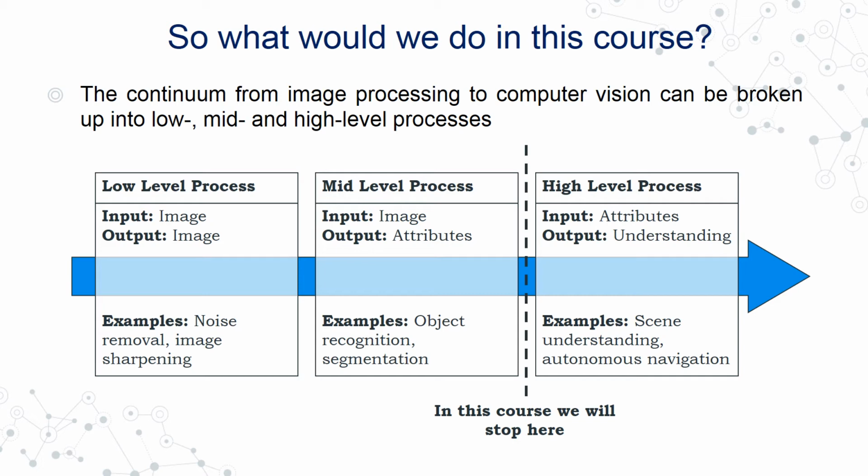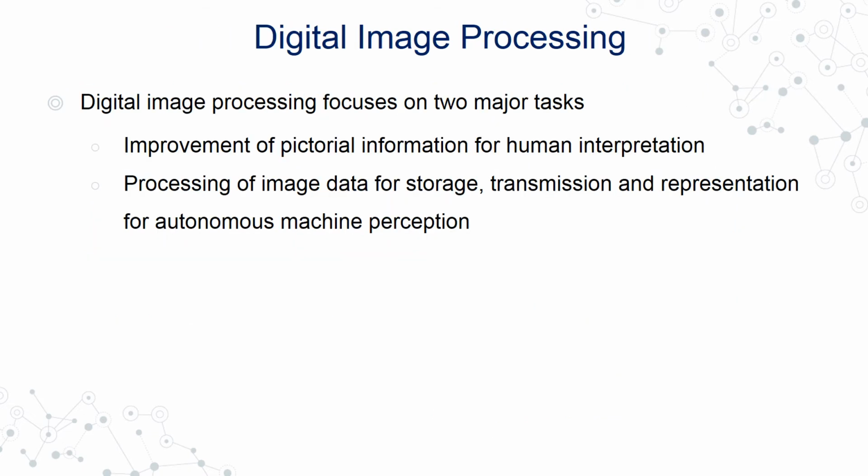For mid-level processes, we do tasks like getting attributes as the output, identifying the object, segmenting it. High-level processes could go down to understanding and analyzing the scene or autonomous navigation, but we would stop before that in the course.